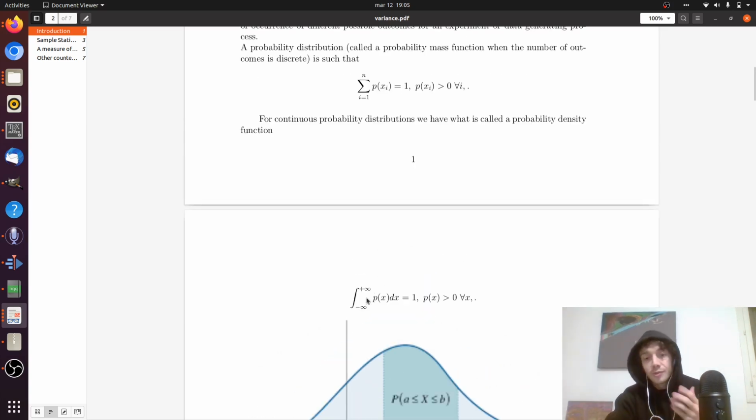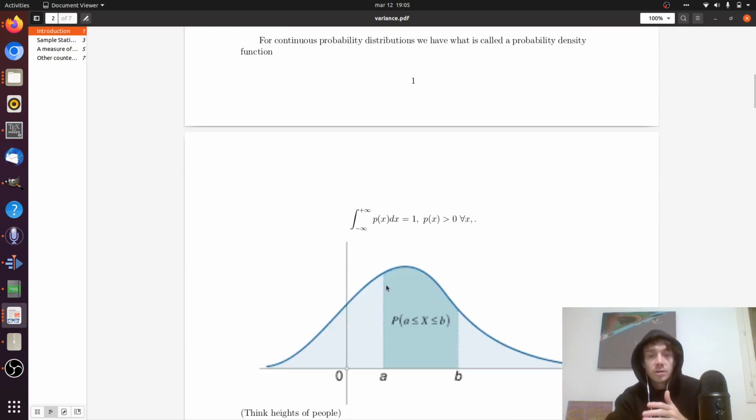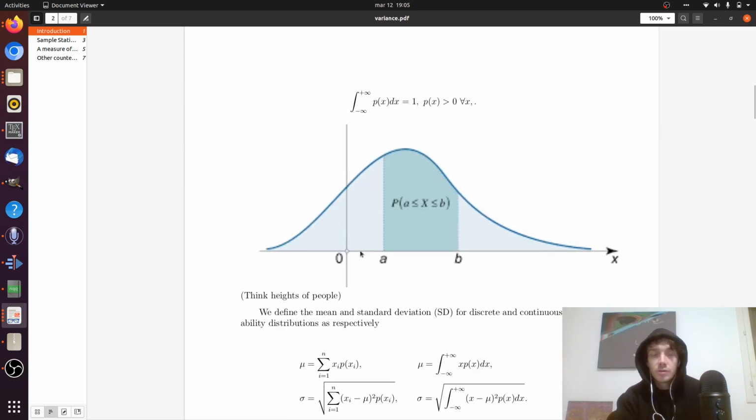You can think about the integral as a generalization of a summation. So we're just inheriting these, let's call them axioms, from the discrete case to the continuous case. So we want probabilities to be positive for every x, and we want the integral, the whole area under the curve, to be equal to 1.